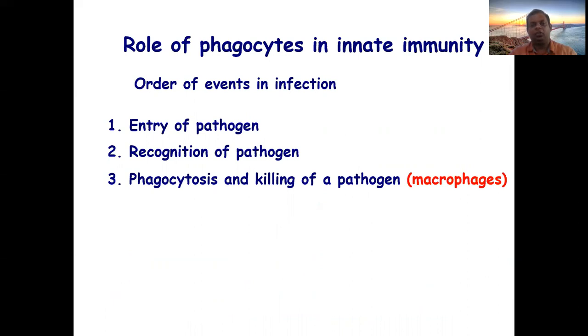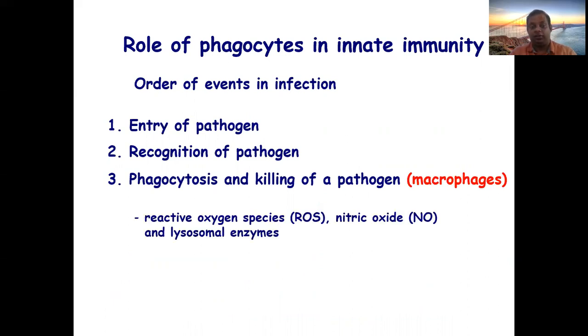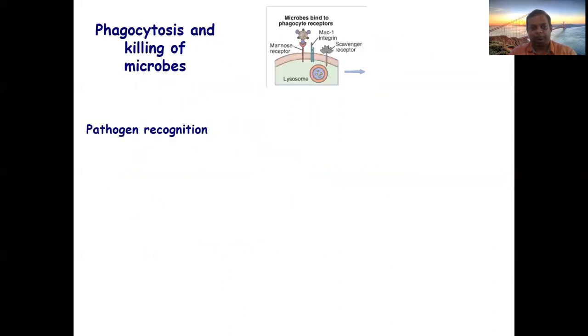In innate immunity, it's macrophages as well as neutrophils. They release reactive oxygen species, free radicals, as well as other pathways, nitric oxide driven and lysosomal enzymes. These are secretory pathways. There are other pathways as well in NK cells: perforin, Fas ligand. There are several apoptosis-triggering pathways.